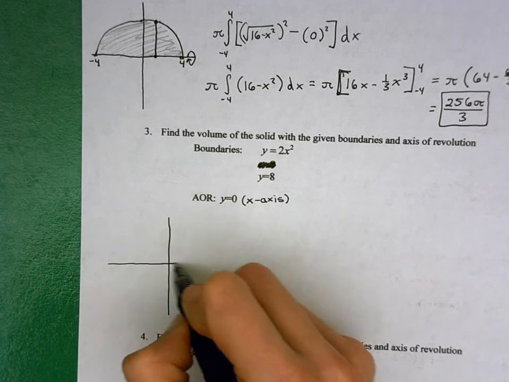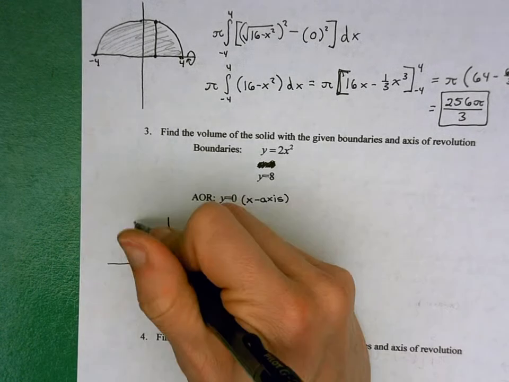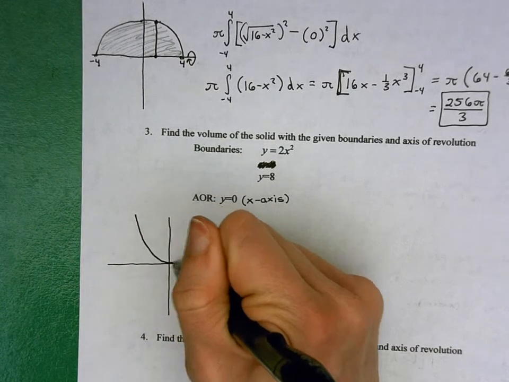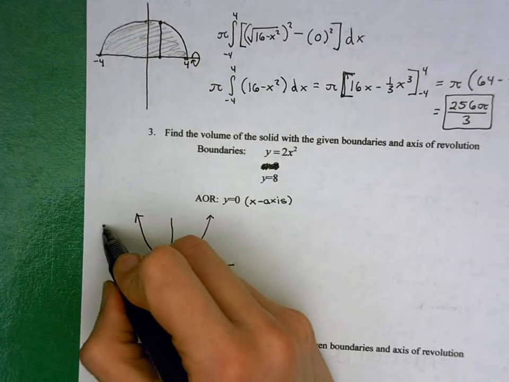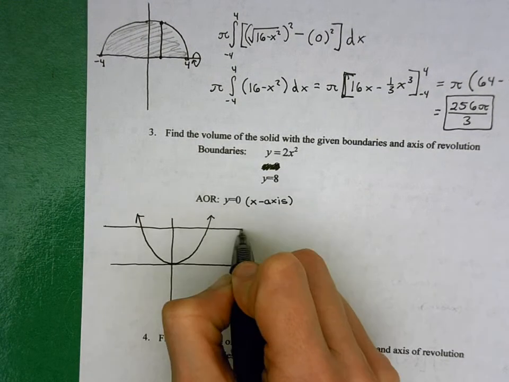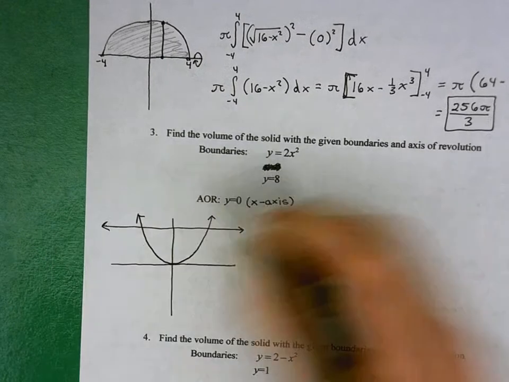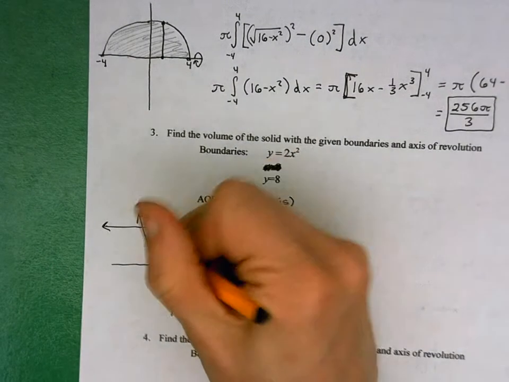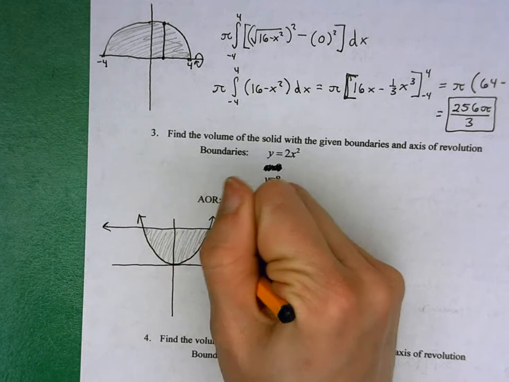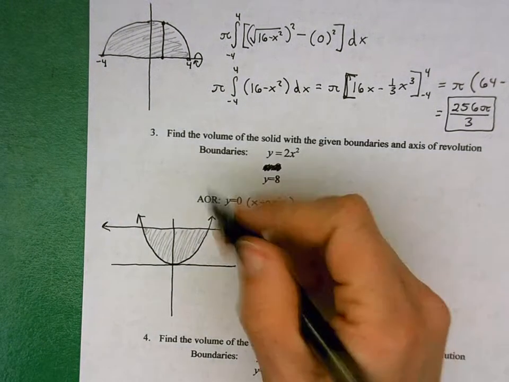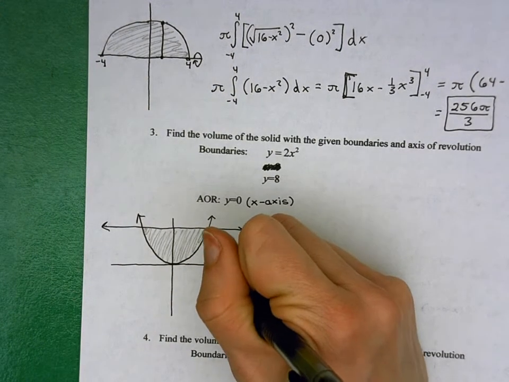Okay, so graph it. We have our y equals 2x squared. We have our y equals 8. Just this region. We're going to be revolving it around the x-axis.